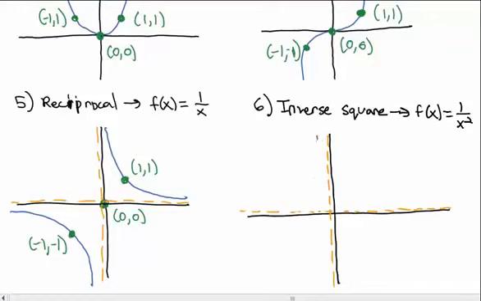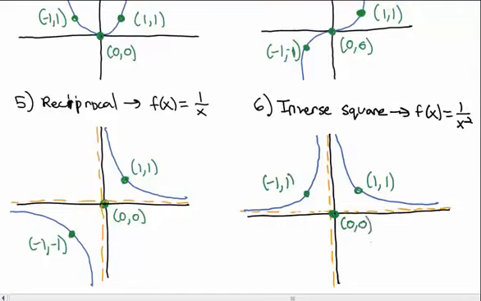But this time the bends are going to be in the top left and the top right. Key points then are 1, 1, negative 1, 1, and then where the asymptotes intersect at 0, 0.